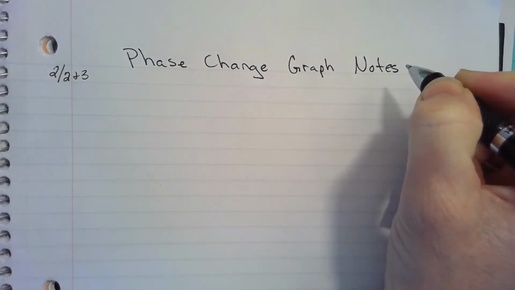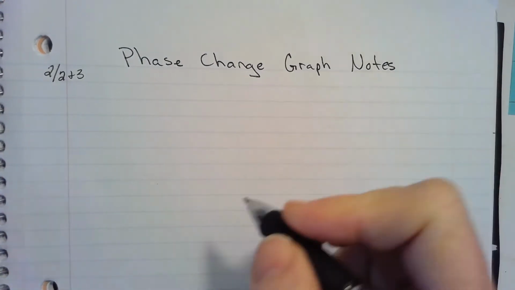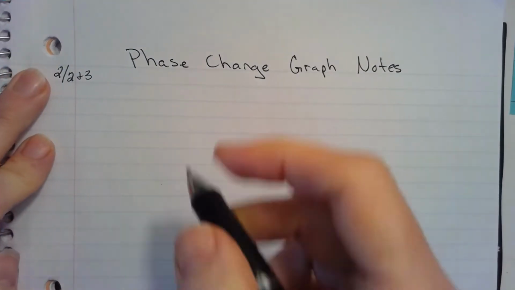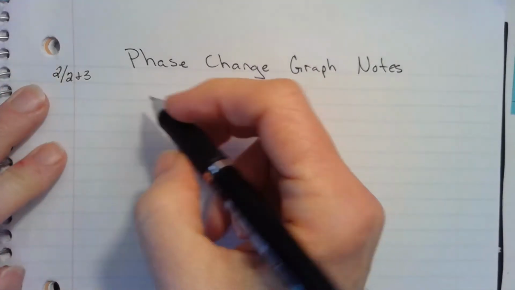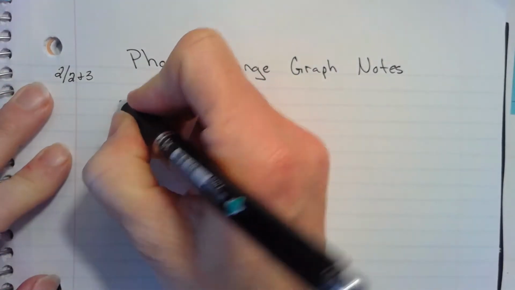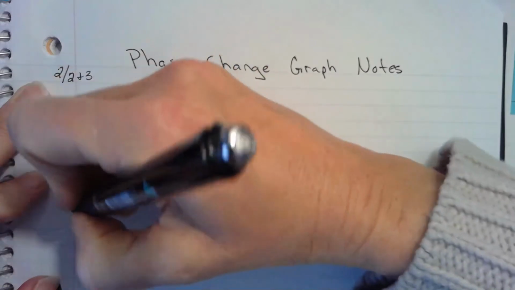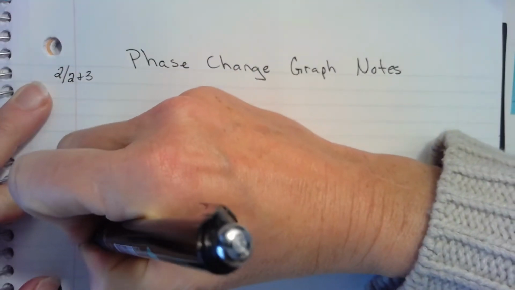Okay, so from the video that we just watched, the lab that you did, you observed a couple of different phase change graphs. So here is going to be, as you know, this is my y-axis. I'm going to add temperature here.